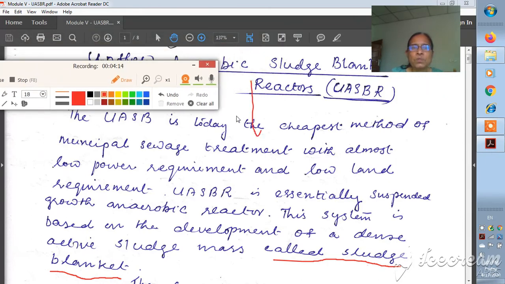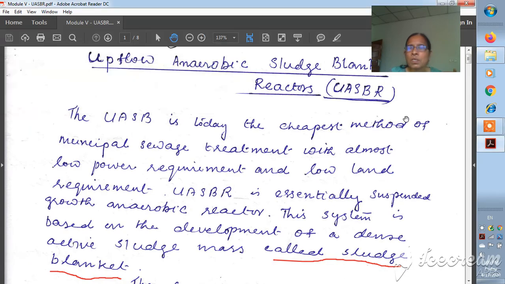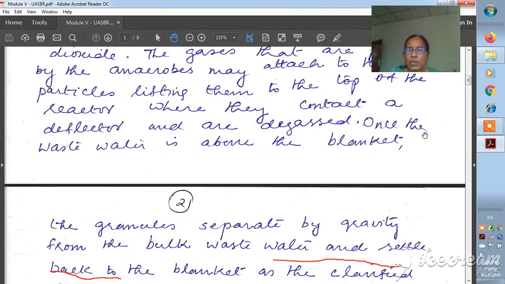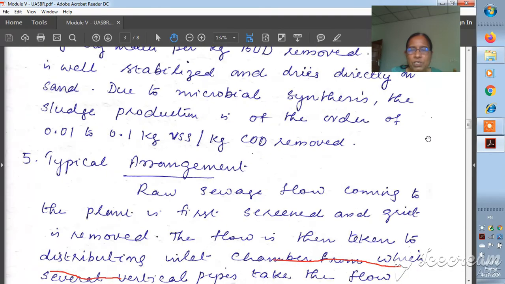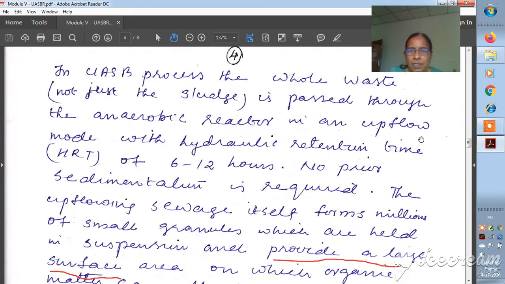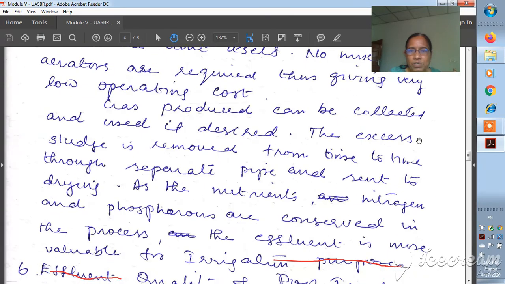Now coming to the drawing or the sketch given in the note, on the last page, we will learn what the process actually is.